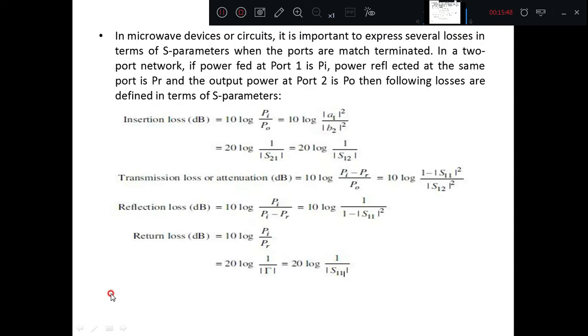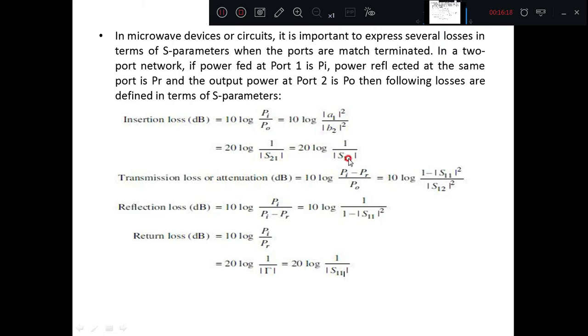So A1 divided by B2 squared can be written as 1 divided by S21 squared, that is 1 divided by S12 squared as written. Using the logarithm property, log of 1 divided by x squared is 2 times log of 1 divided by x, and 2 into 10 gives 20 log 1 divided by S12.